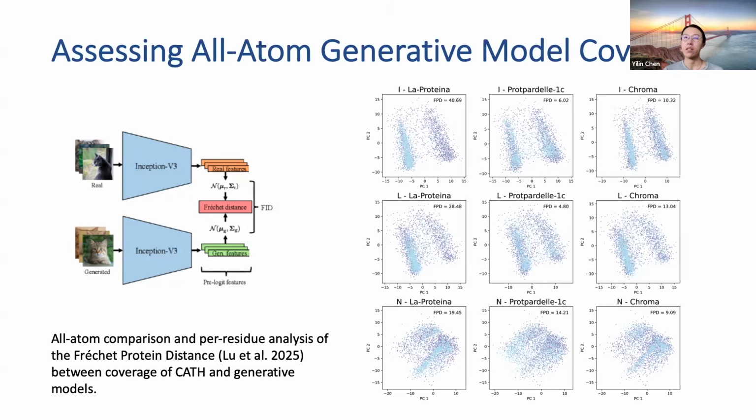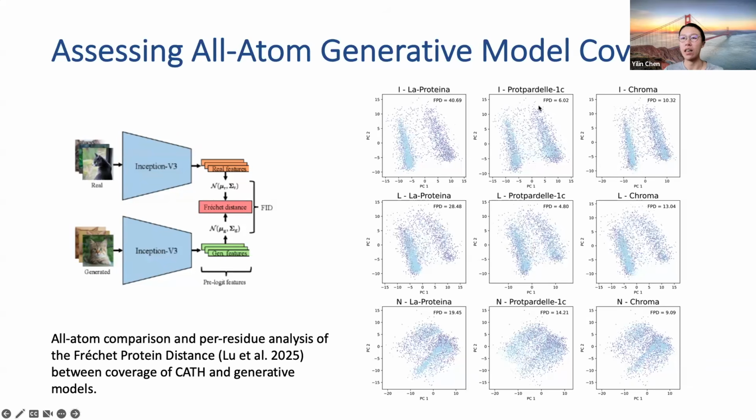On the right, previously we could use some sort of sequence embedding or backbone embedding model to replace the Inception model in the FID. However, with this all-atom residue-level embedding model, we can look at this even further. You can now split these distributions by, say, amino acid type.